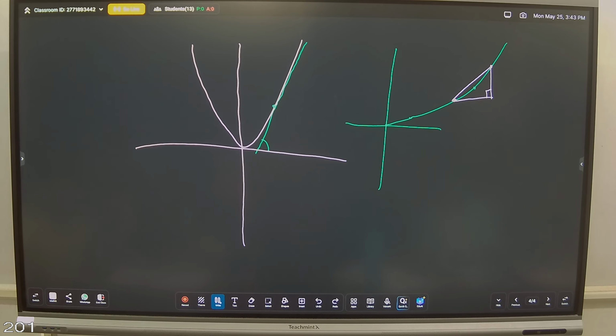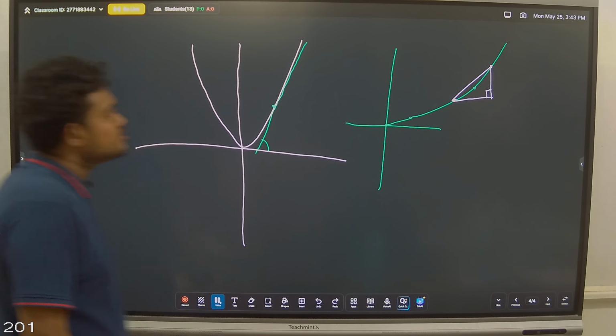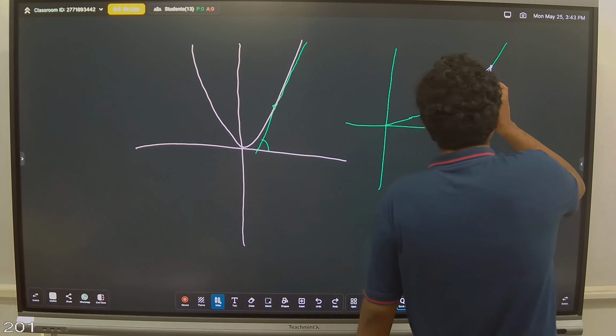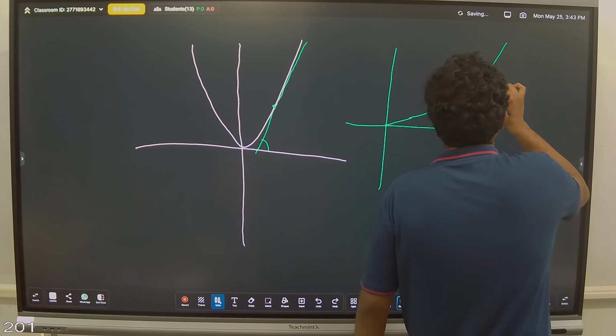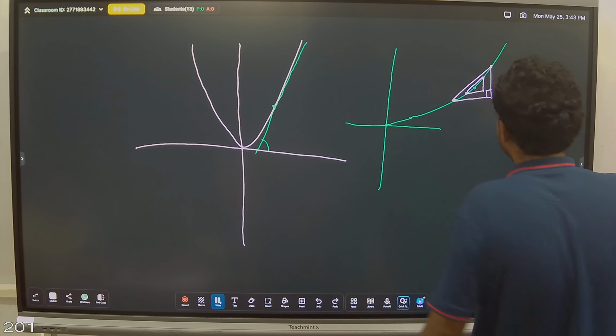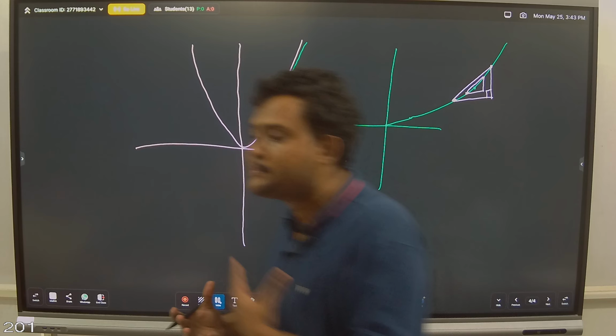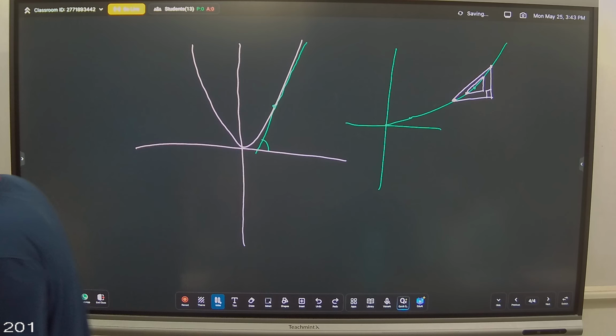If the two points are far apart, then I will get an unreasonable approximation. So the closer I take these 2 points, I am going to get a better and better approximation, right?